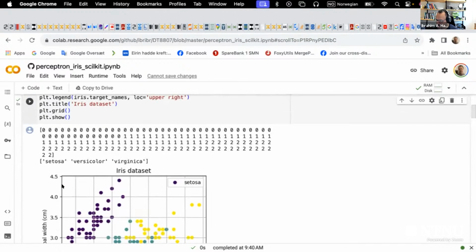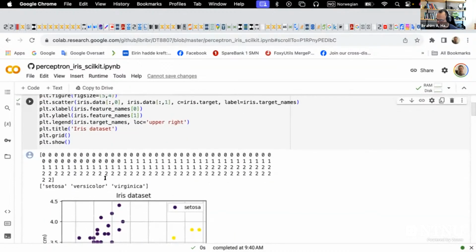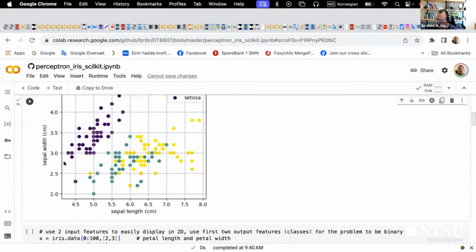I try to plot it in 2-dimensional space, right? So I will plot the data against the first feature and the second feature, so it's A and B in the table, sepal length and sepal width.